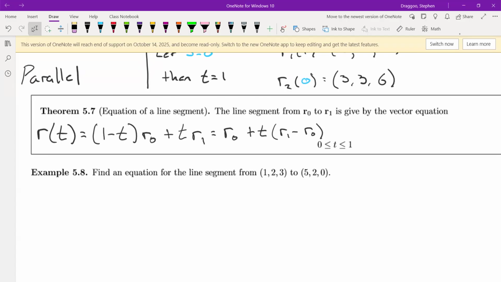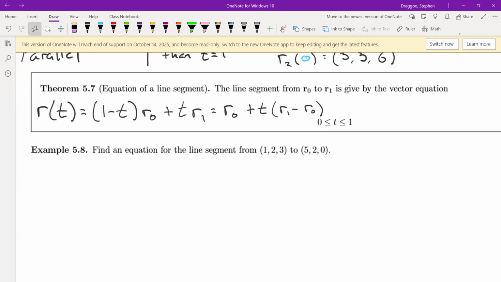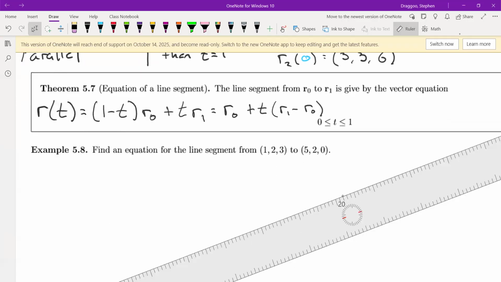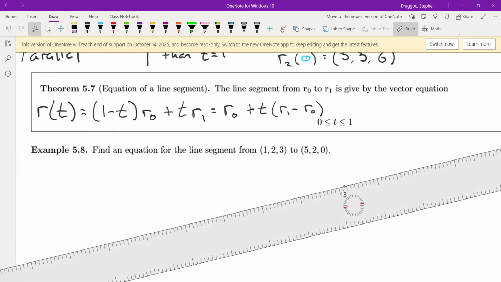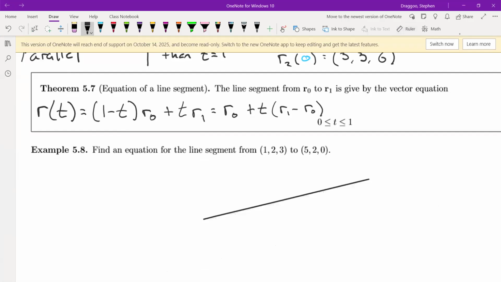I want the equation of a line segment in its generalized form. And it's probably going to be easier to talk about this thing if I have an example. So why don't we do that? Ta-da! Cool. Here's a line segment. Let's put a couple of points on here.